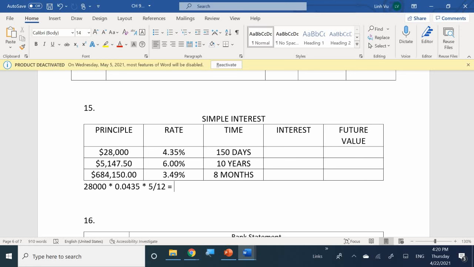Then we're going to multiply it by 5 months, right? And divide that whole entire thing by 12. So I did not get 608 and I did not get 2000 something. 507? No. 507 is correct. I did not get 45. I got 507.5.